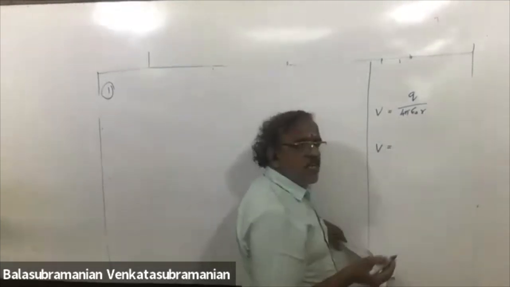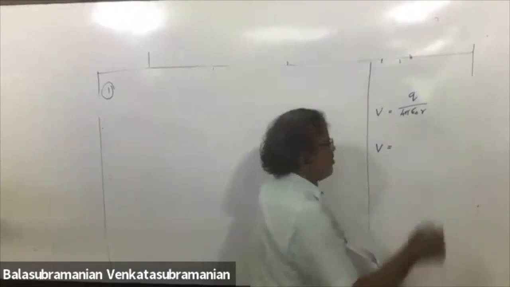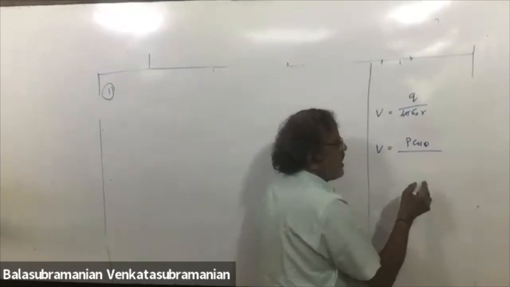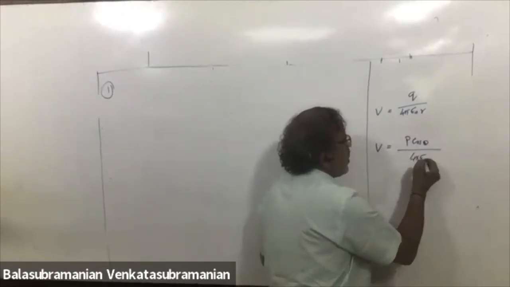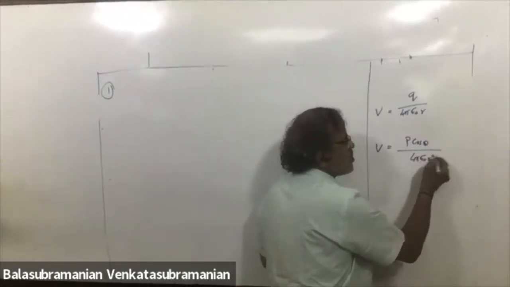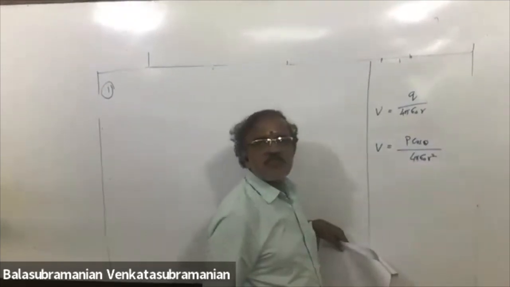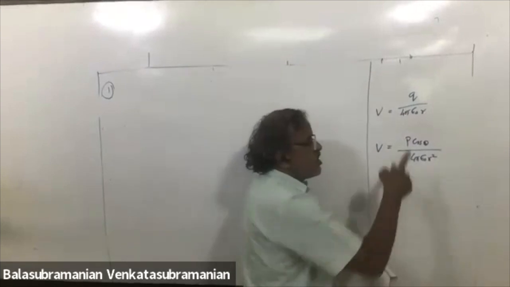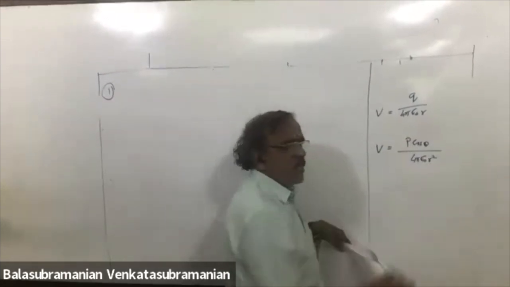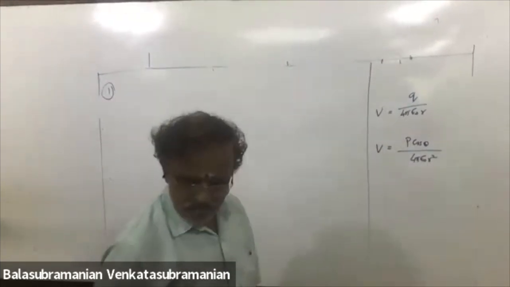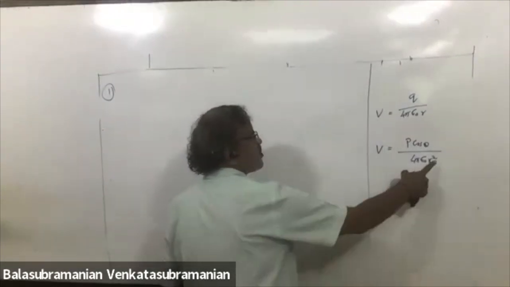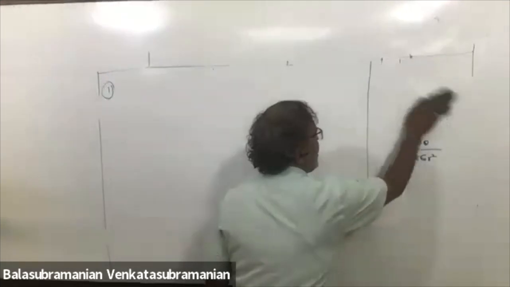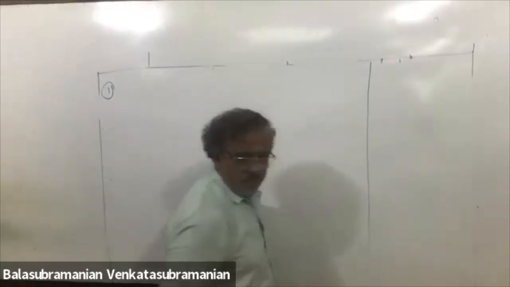Electric potential due to a dipole, a very important 5-mark question, that is P cos theta by 4 pi epsilon naught R square, where P is called dipole moment. This is for a point charge, this is for a dipole. R cube without cos theta is the electric field formula.